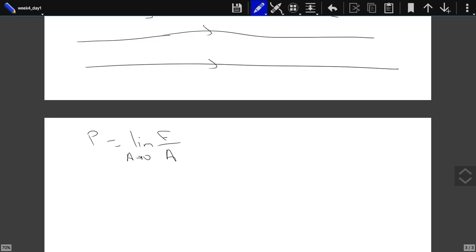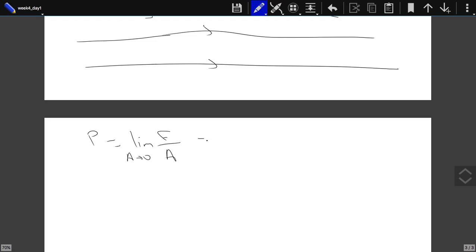You calculate the force that is perpendicular to that area, the component of the force perpendicular to the area, and divide by the area. What you obtain is the pressure. That's the definition. Now, the force is, in this case, due to the electric field. But we already know that on the surface of the conductor, the electric field is always perpendicular to the surface. So the force is perpendicular to the surface.